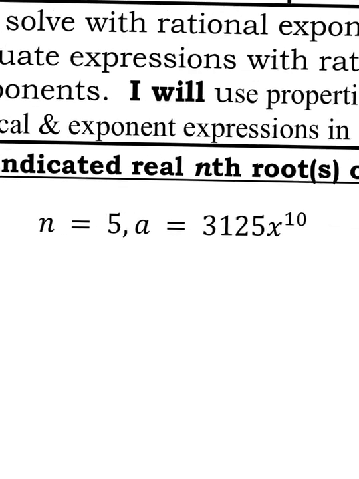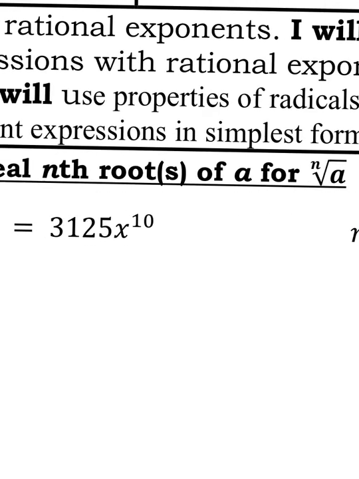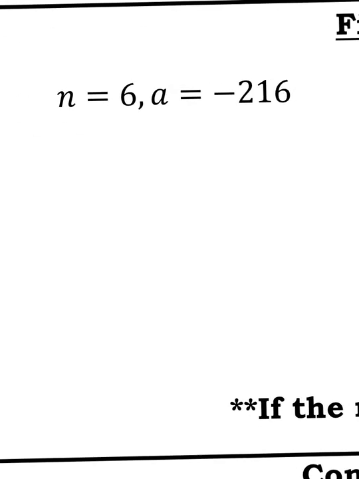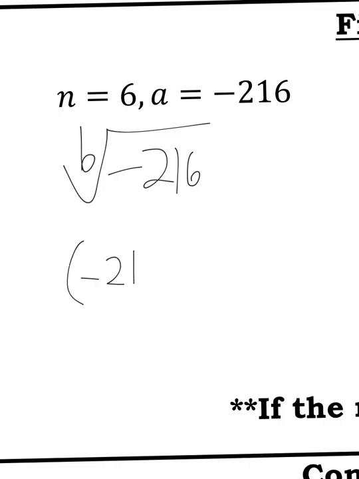So here I'm trying to find the indicated real nth roots for a. If n is your root, then you're going to write the sixth root of a, negative 216. That's going to be your radical form. This is your exponential form. Exponential form has no radical, but you take that root and you write it as 1/6.